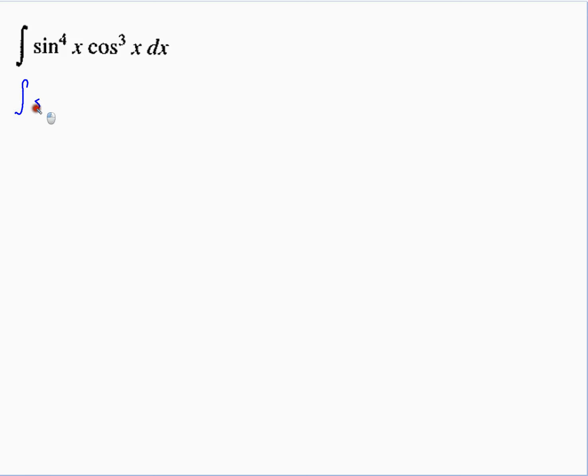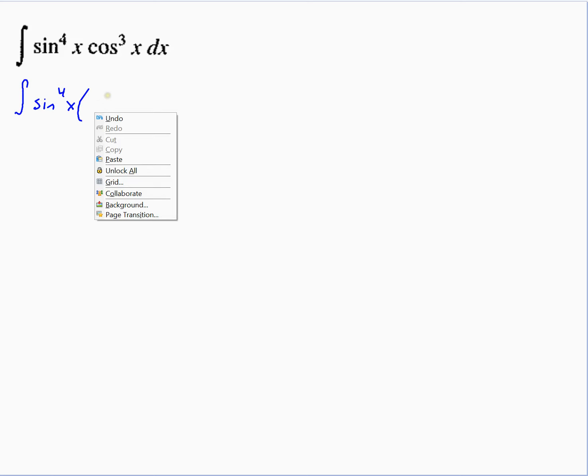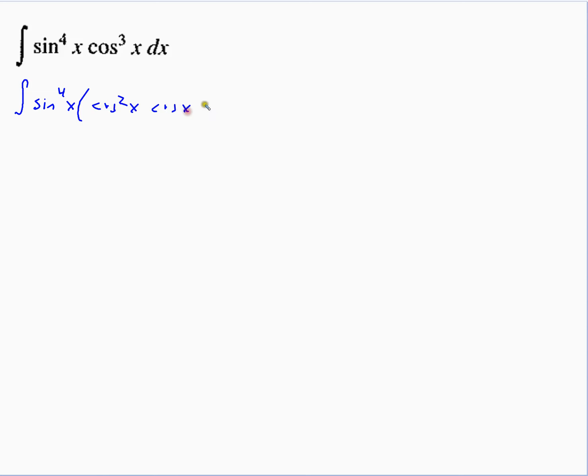So we'll say, well, this is sine to the fourth x, and this is cosine squared x times cosine x, which we can change the cosine squared into 1 minus sine squared, times the extra cosine x.